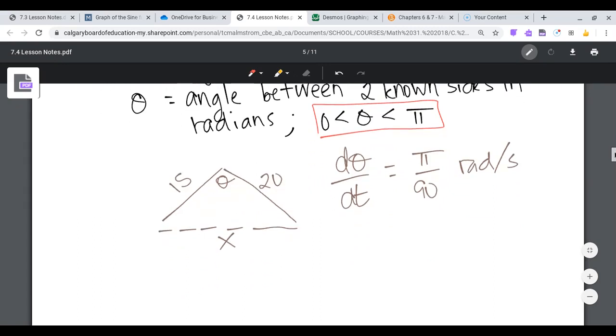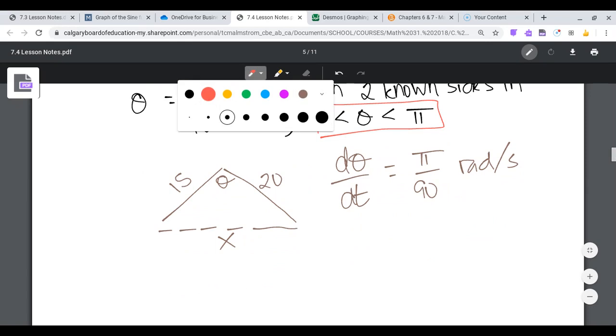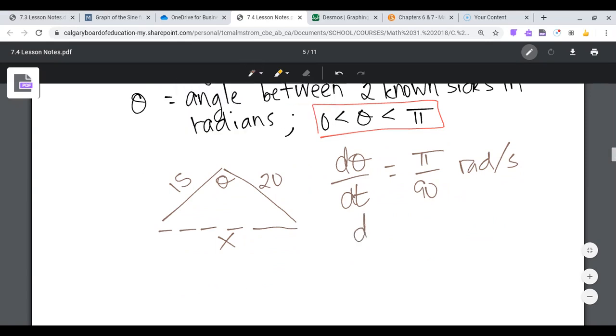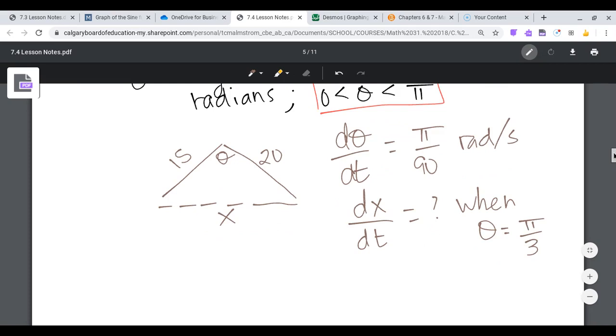We are trying to find how fast the length of the third side is changing. So what is dx dt at the instant when theta is pi on 3? So that is a changing quantity. 15 and 20 are constants, but the angle is changing.